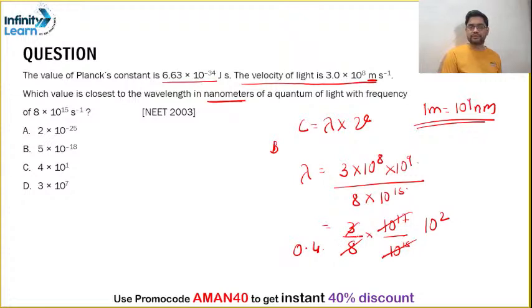Clear? Sure. So this should be 4 into 10 raised to 1. Option number C will be the best answer.